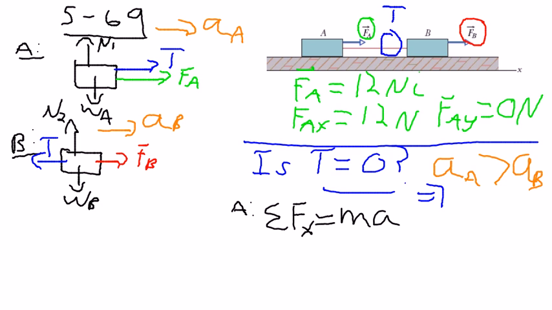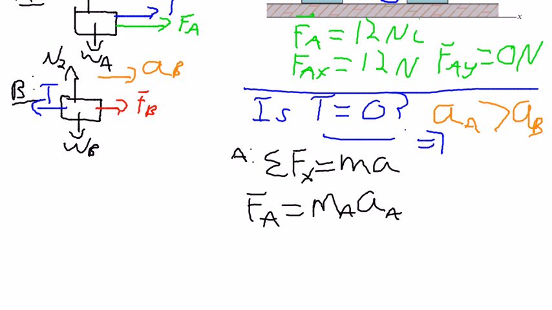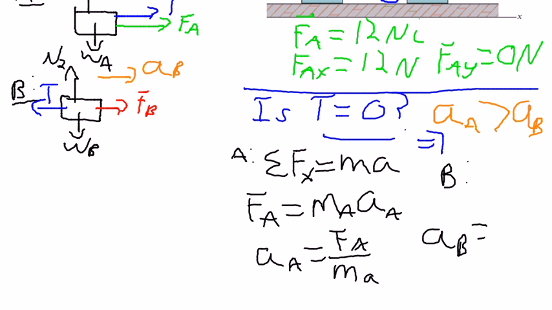If the tension is 0, it's not there, so the only force left in the x direction is Fa. So Fa would be equal to the mass of A multiplied by the acceleration of A. From that you could find that the acceleration of A would be equal to force A divided by the mass of A. Similarly, you can look at block B and you'd get that the acceleration of B is equal to force B divided by the mass of B. That's only if the tension is 0.